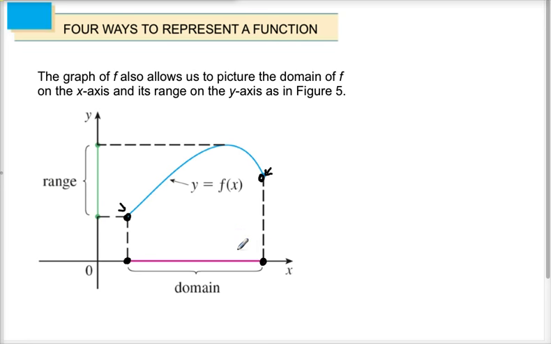Similarly with the range, except the range deals with the lowest possible y value to the highest possible y value. When you're looking at the graph, it's probably very easy to see maximum and minimum y values.